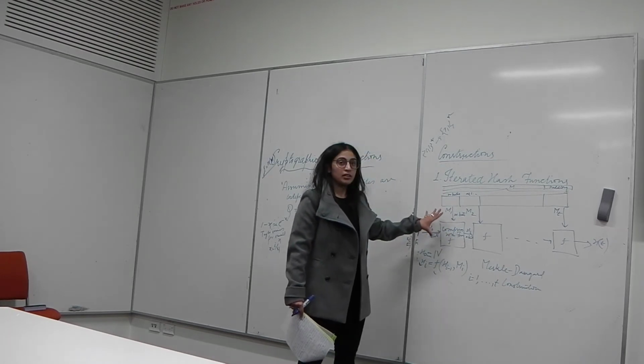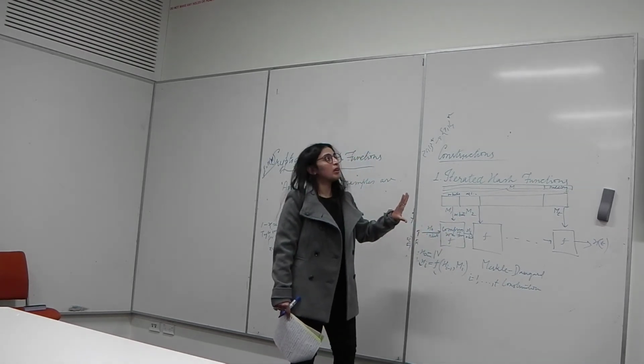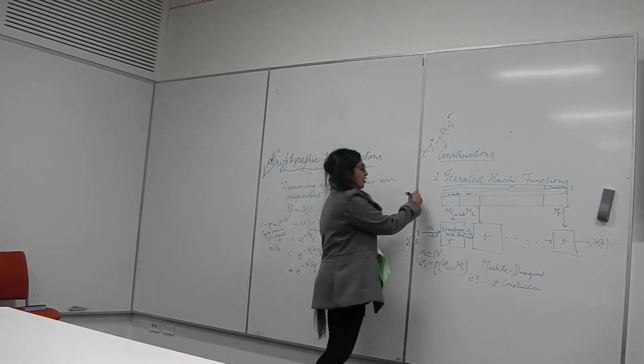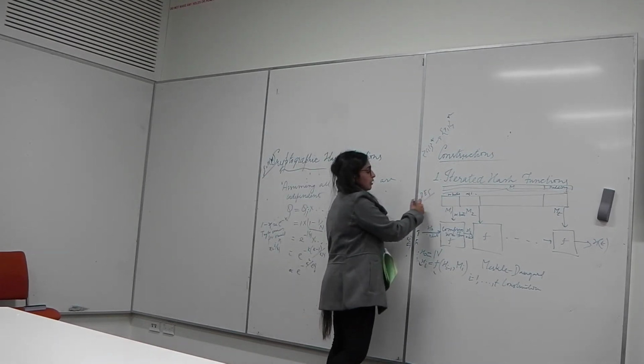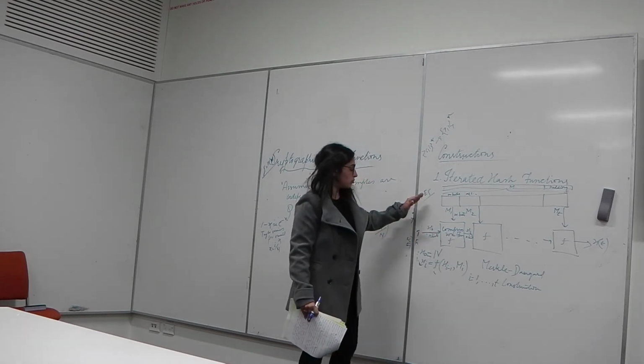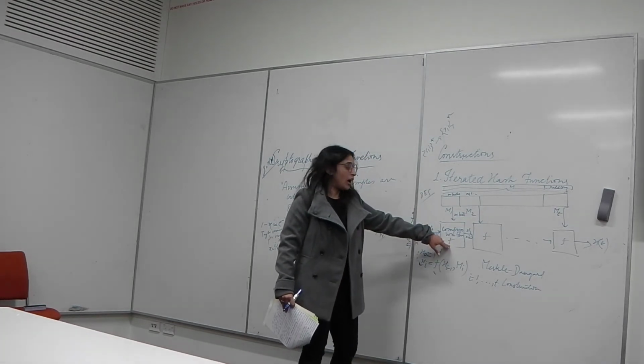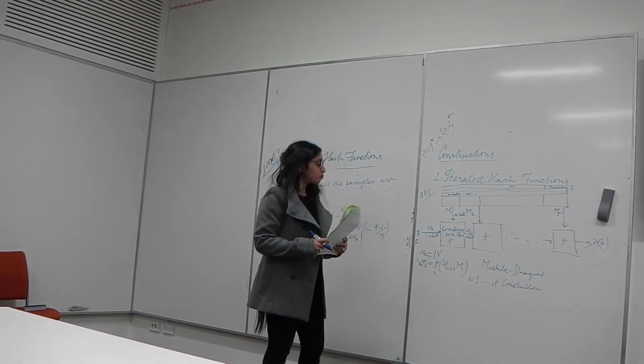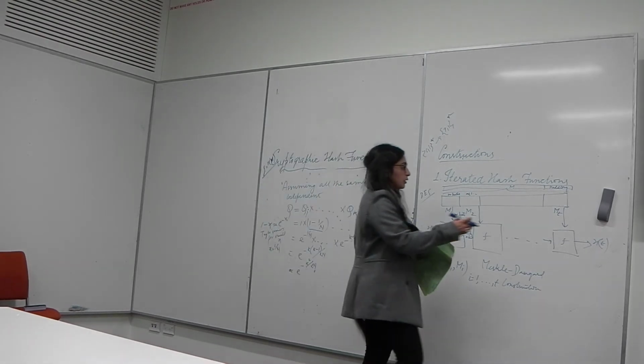They are constructed in this manner. There are even many hash functions based on block ciphers like DES. You just add it here, and it should be collision resistant. So this is it.